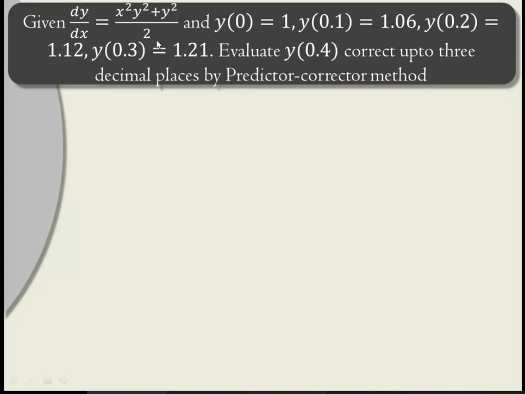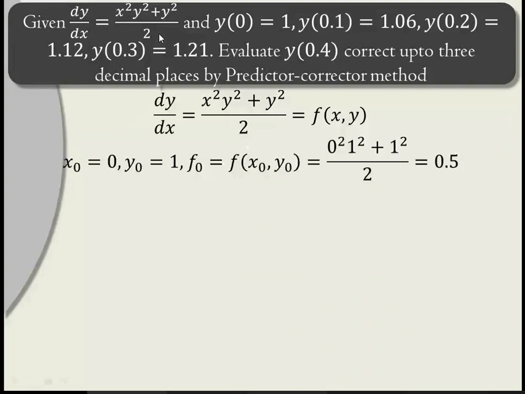So first take this as f, then find f0. x0 is 0, y0 is 1. So f0 will be f of x0, y0. Put this x0, y0 into this function and simplify it. Then these are x1, y1. x1 will be 0.1, y1 will be 1.06.